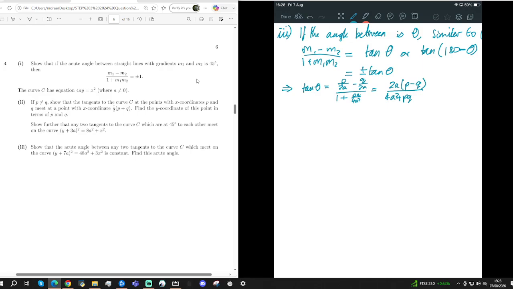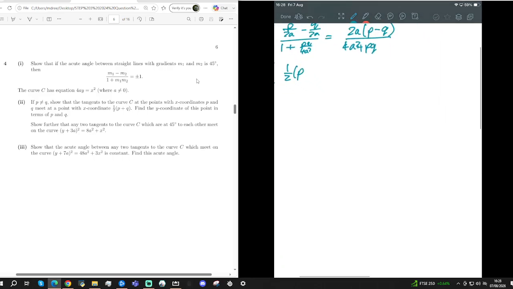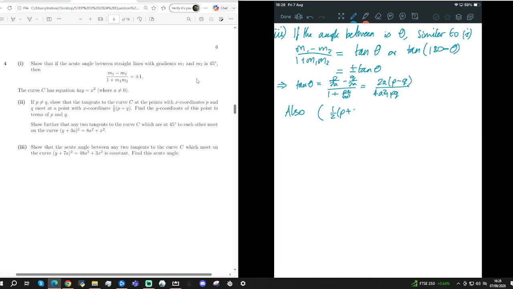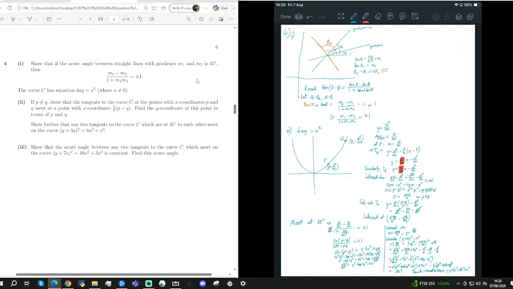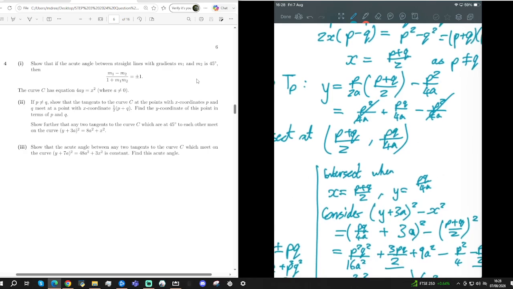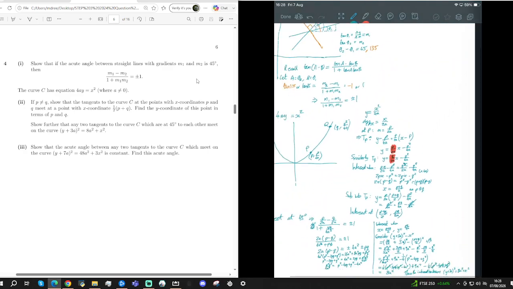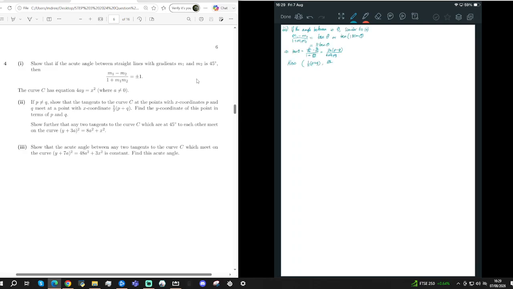Show that the acute angle, now that two coordinates, also we've been told that the half, was it P plus Q? Yep. Half P plus Q, PQ over 4a. I'm looking at this intersection point that we found in part 2 of the question.